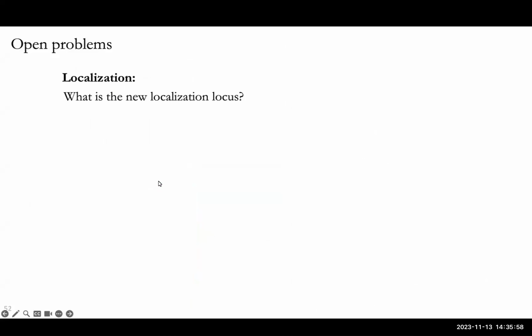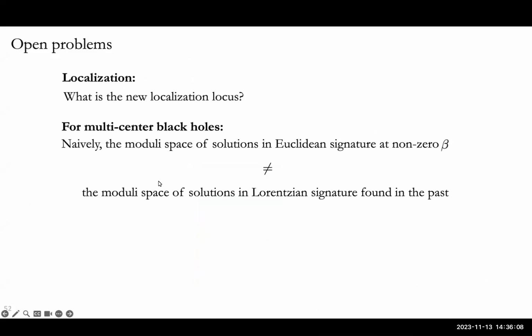And let me mention a few open problems. The first question is about localization. What is the analog of the localization locus with these new boundary conditions? The second problem occurs for multi-center black holes. People have studied the moduli space of these Denef-Bates solutions in order to compare with the index in string theory.